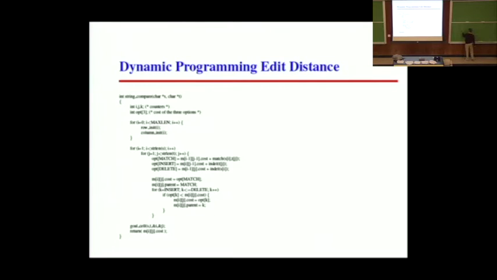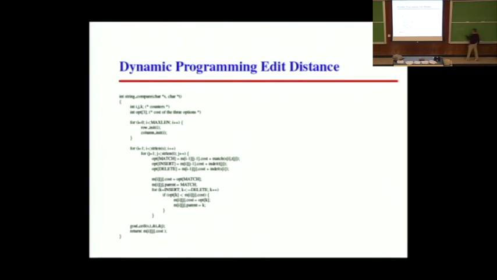Basically, for every cell, I'm going to be looking at my 3 neighbors. And I'm going to pay either 0 or 1 plus this value, depending upon whether this character here matched that character there.